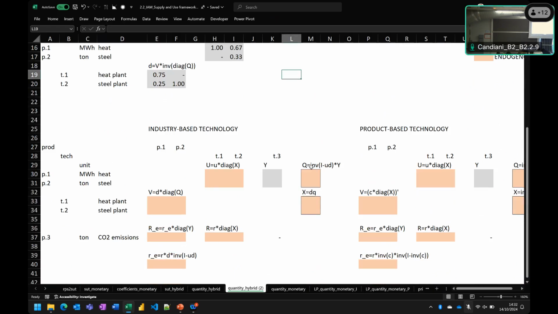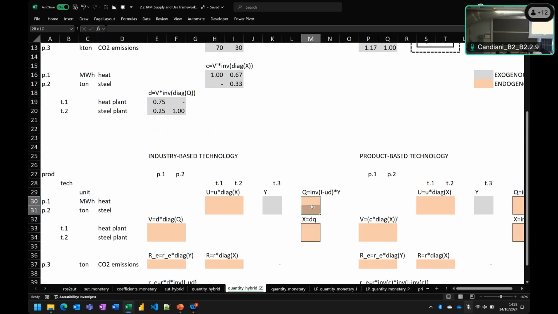So, what is the first block here that I have to fill? I do have to apply the LTF models. What is the output of the LTF models? Q and X. Great. So let's start from this Q here, that is the LTF primal model, total product demand balance.